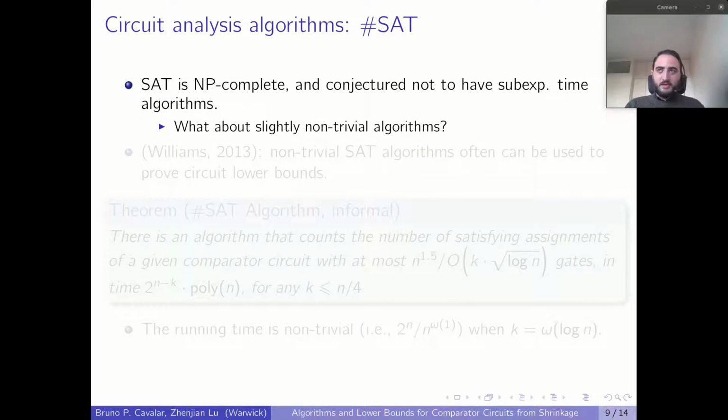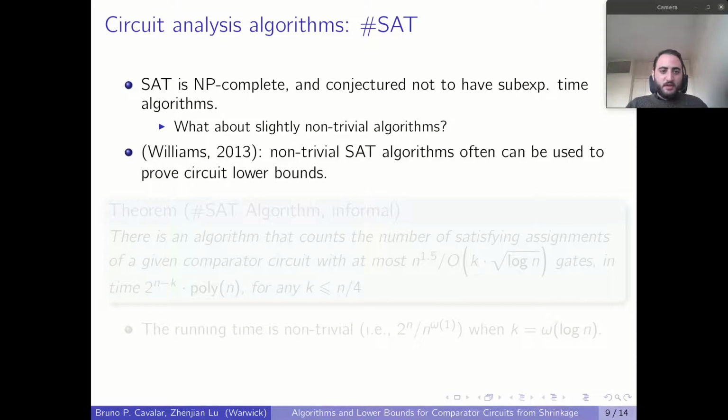This is a question that is intrinsically interesting, I think, but for the purpose of circuit complexity, it was shown to be even more interesting by Ryan Williams, who showed that non-trivial satisfiability algorithms can often be used to prove circuit lower bounds for the same circuit class.